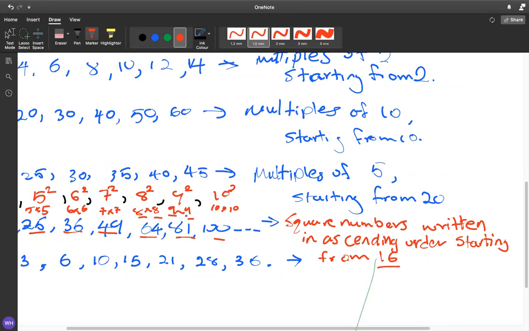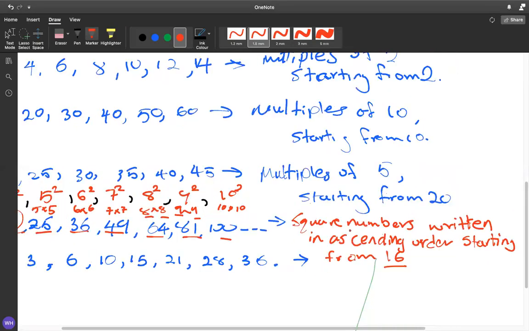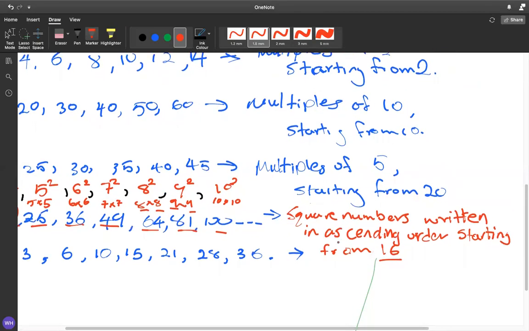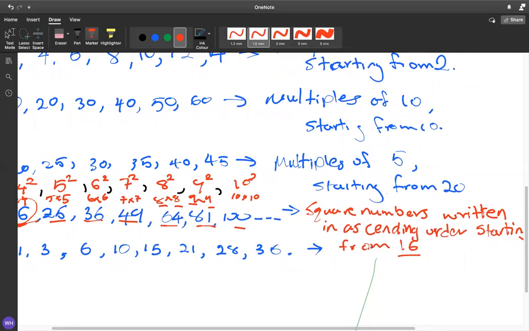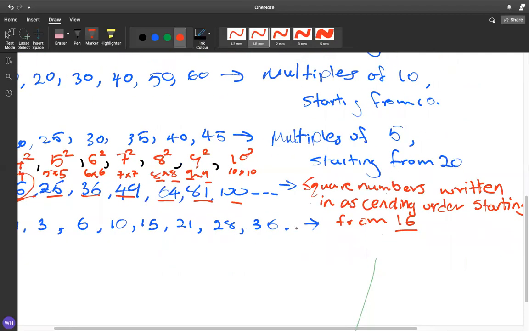Yes, good. What is ascending order? From the smaller one to the bigger one, right? Starting from 16. Where did you start? Start at 16.